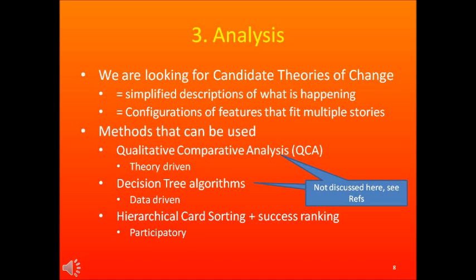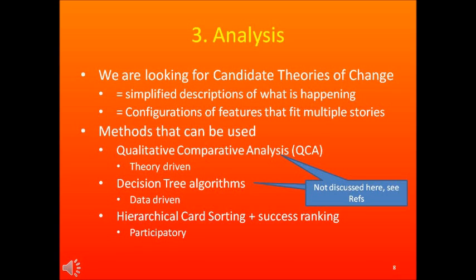The first two of these methods make use of the data set of the kind that you saw earlier in this presentation, whereas the third one doesn't make use of that data set, but one of the results of the third method, the hierarchical card sorting method, is a data set which can then be reanalyzed by these other two methods. In other words, the results can be triangulated using those other two methods.